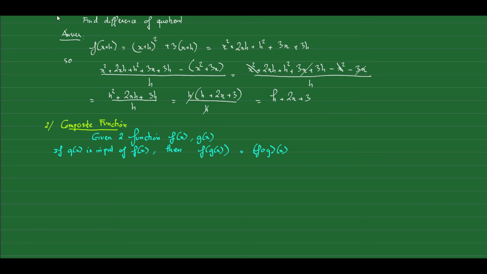Now let me give you the first example. We can also evaluate the composite function at a certain value if you want to. Given two functions, f of x is 2x plus 1 and g of x is x minus 2.